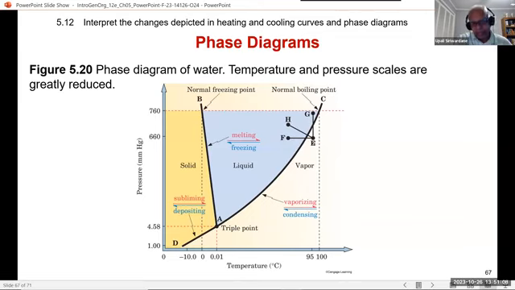That means cooling. A gas goes to a liquid. If you change from E to F, it's freezing.